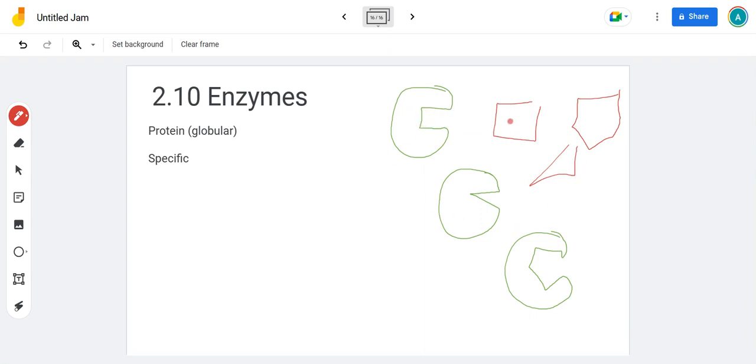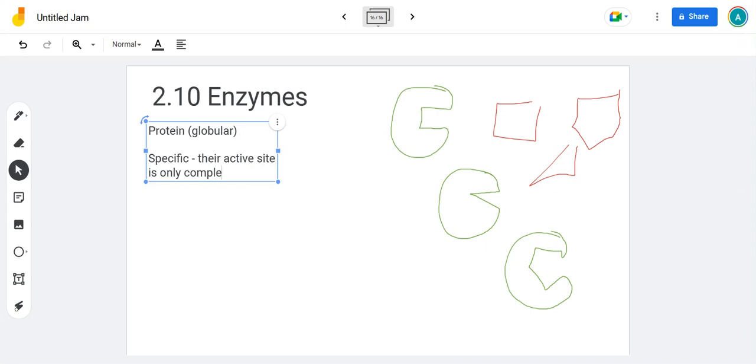So enzymes only work on one type of substrate, and that's because of the 3D shape. They're specific in that their active site is only complementary to one substrate.